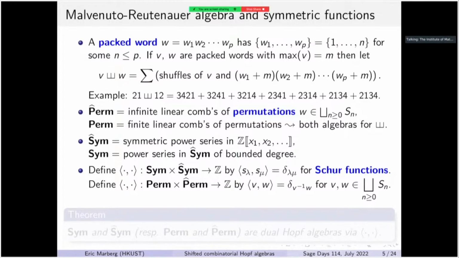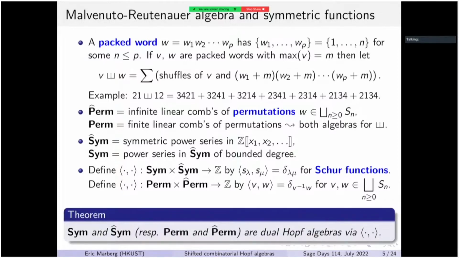And for our algebra of permutations, which is either called the free quasi-symmetric functions or the Malvenuto-Reutenauer algebra of permutations, we make inverse permutations orthonormal. So V inner product with W is 1 if V is equal to W inverse, and otherwise it's 0.